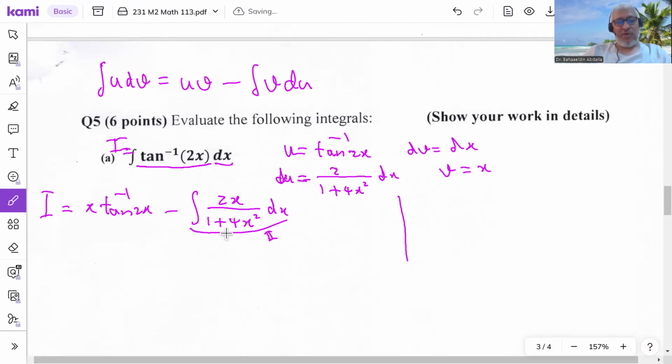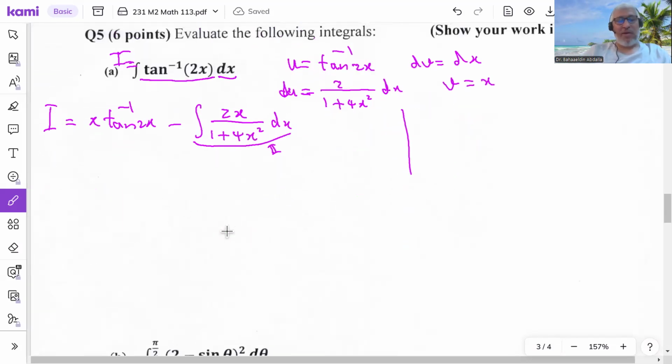So how to solve this integral? Let us try substitution. 1 plus 4x squared, if we take it u, what is the derivative? The derivative is 8x. Well, I have 2x, so I need to multiply by 4. So I'll have 1 over 4 because I multiplied by 4, integral 4 times 2, or 8x dx over 1 plus 4x squared.